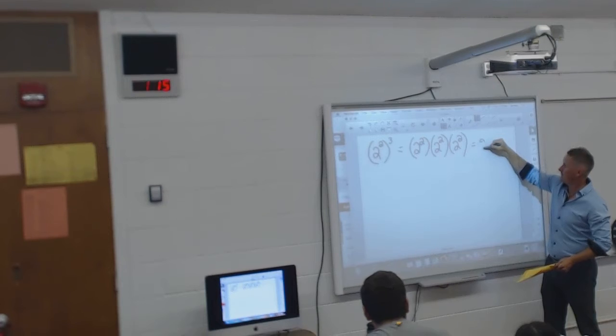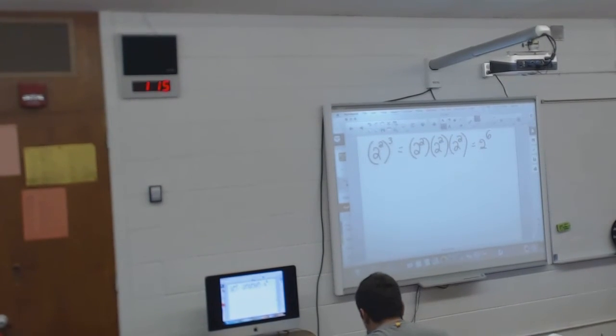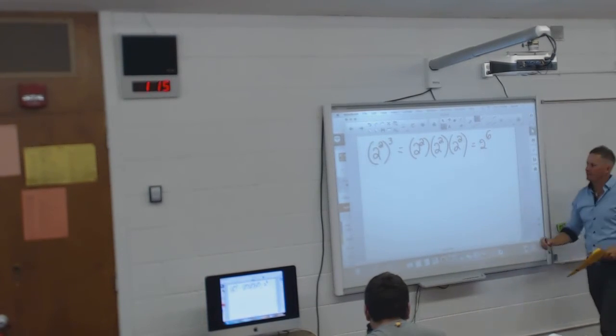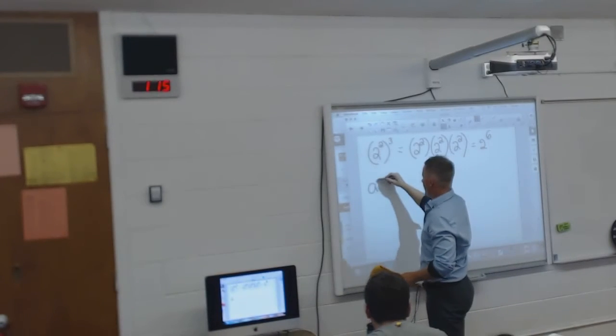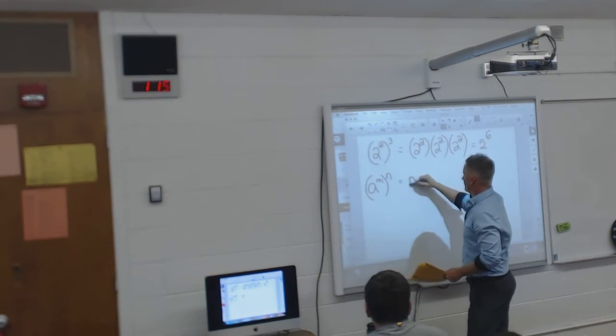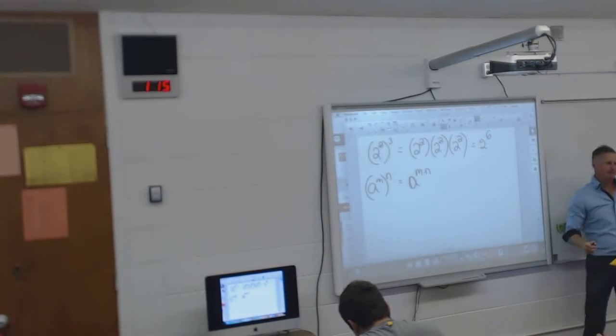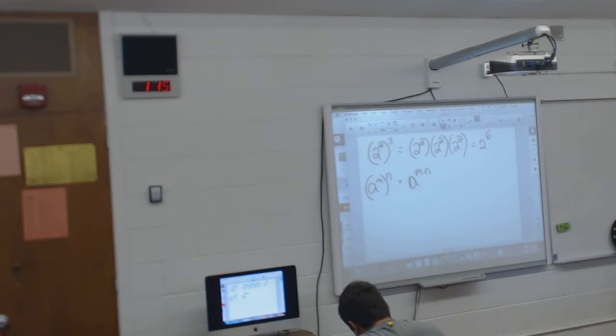So that means I have 2 to the 6. Alright, we're good so far. So we have done some of this last year. So then the rule is when I have an exponent to an exponent, I multiply them together.